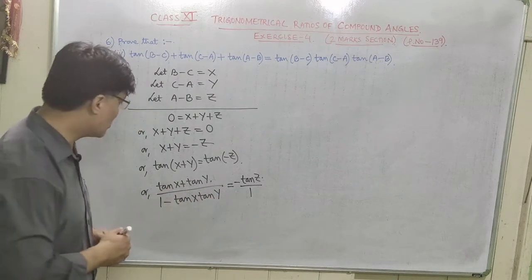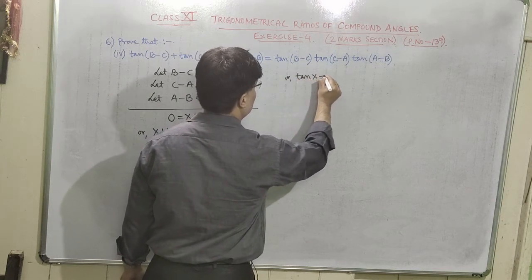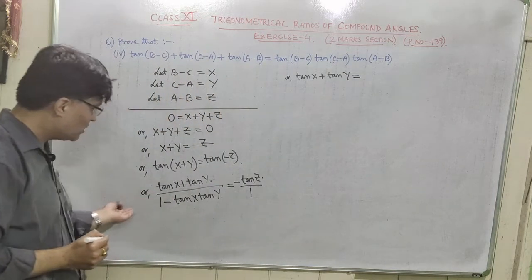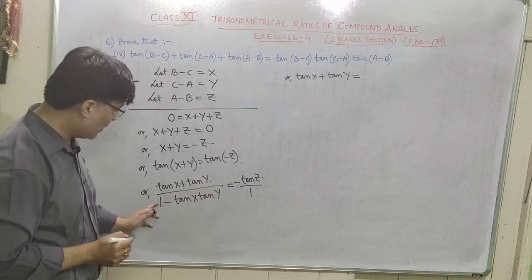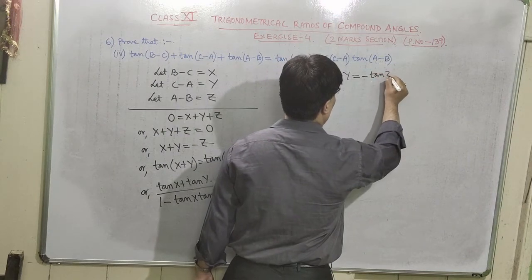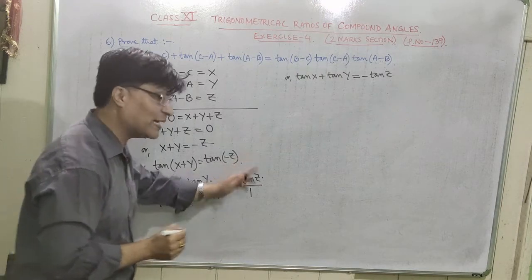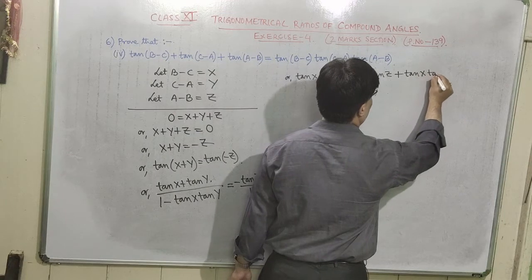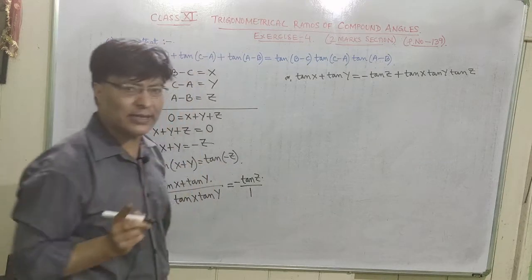So let us do cross multiplication. So 1 is multiplied by tan X plus tan Y, so it is tan X plus tan Y is equal to, cross multiplying by minus tan Z. What do we get? 1 into minus tan Z is minus tan Z. Then again, minus into minus is plus tan X tan Y tan Z. Is that clear?